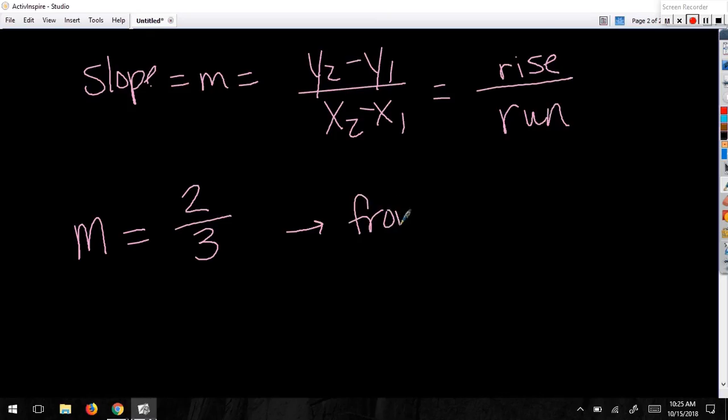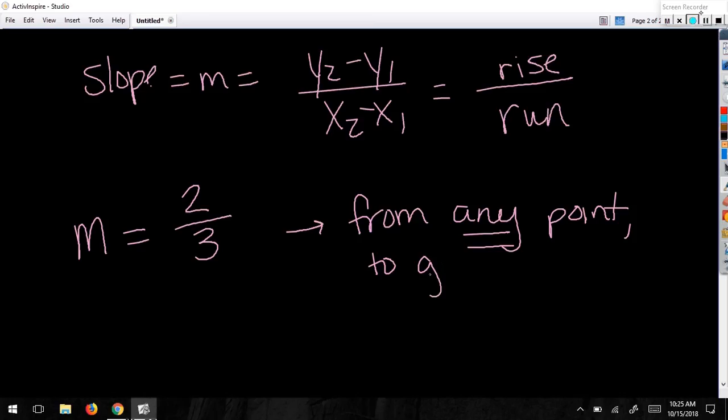You rise up, then you run. This means from any point on your line, it doesn't matter which point you pick, to get to another point on the line, you apply the slope.